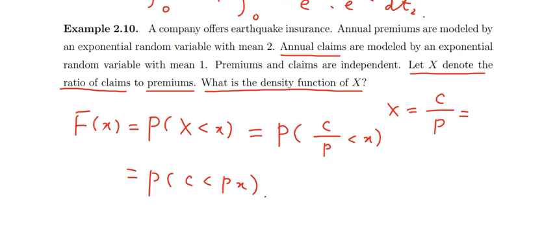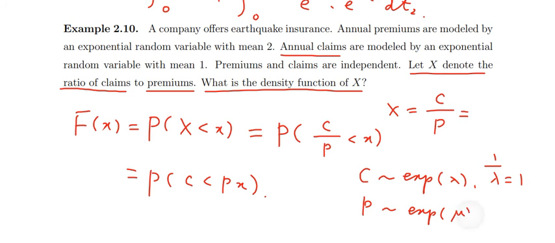So C follows an exponential distribution with lambda equal to 1, so the mean 1 over lambda equals 1. And P follows an exponential distribution so that its mean is equal to 2.